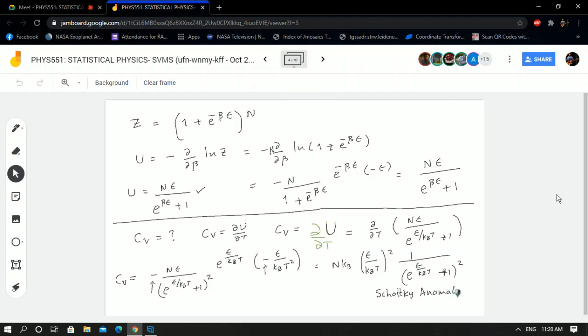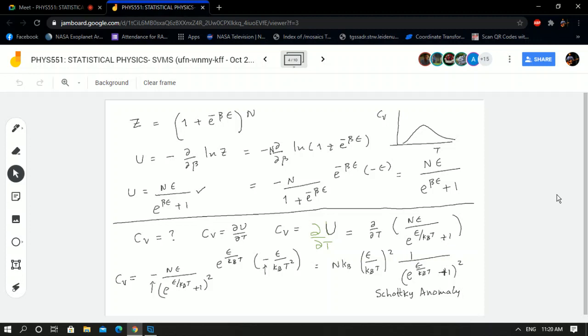Schottky anomaly. I have shown you that if you plot the temperature dependence of this specific heat, it will show a peak like this, and on both sides, as temperature goes to 0 and as temperature goes to infinity, it will have a decaying behavior. That is not very difficult to see.